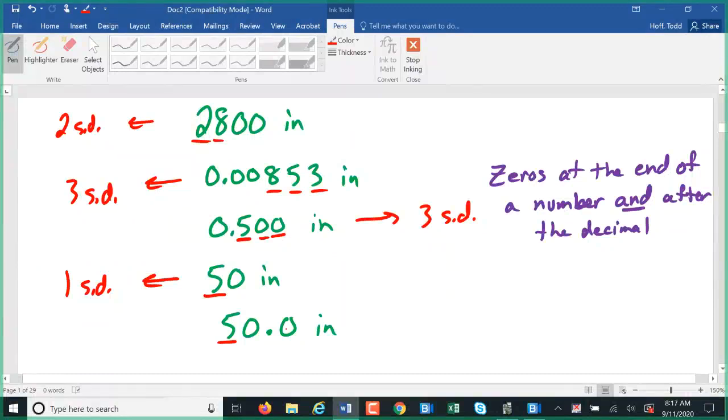What about the zeros? Well, this 0 here is at the end of the number and after the decimal point. It's significant, which means this one is also significant because it's between other significant digits. That number has 3 significant digits.